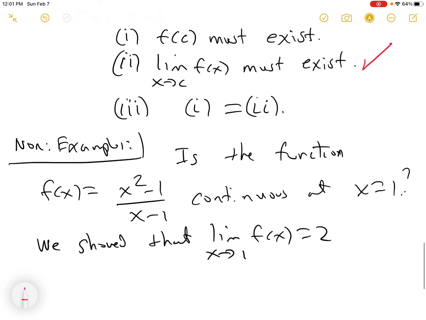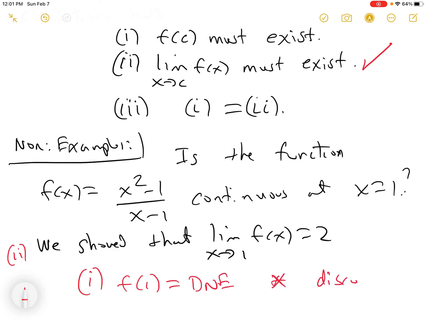So part 2 is true. But part 1 says f of 1 does not exist. It's undefined. So part 1 is broken. Therefore, it's discontinuous at x equals 1.